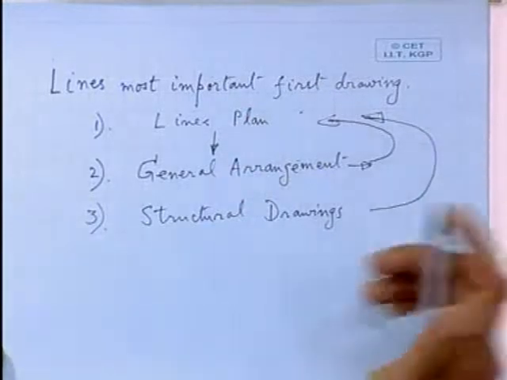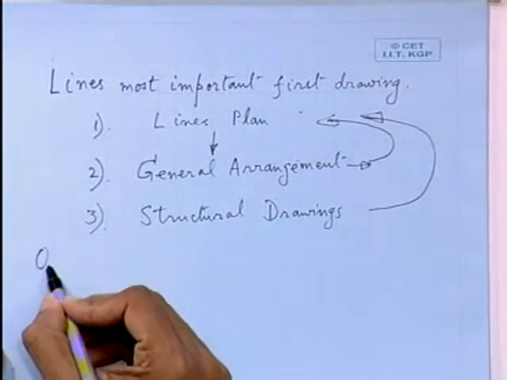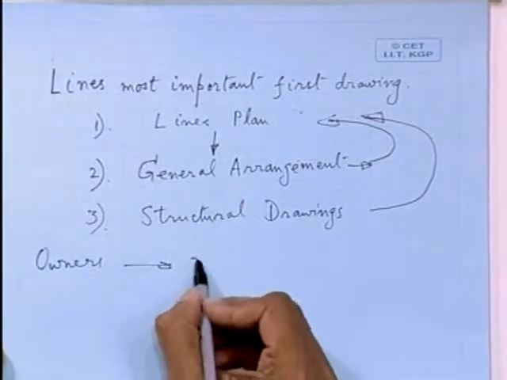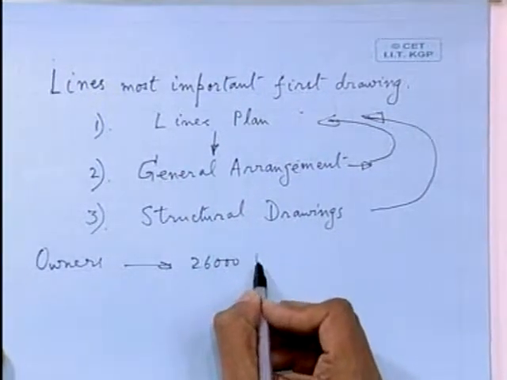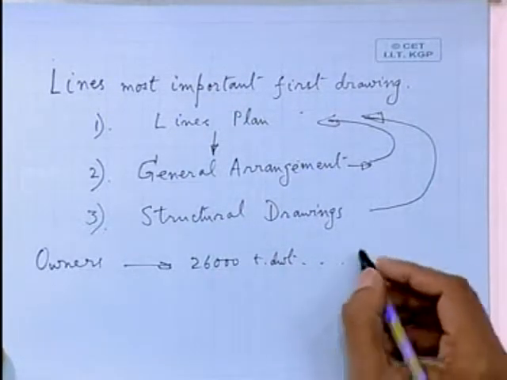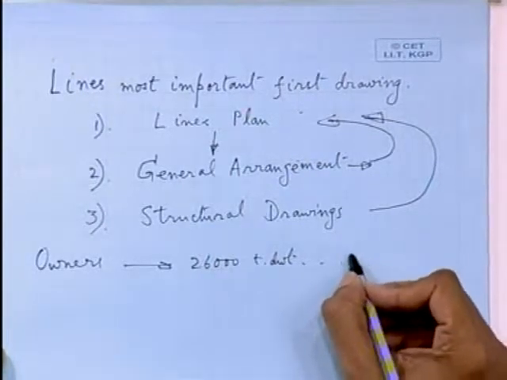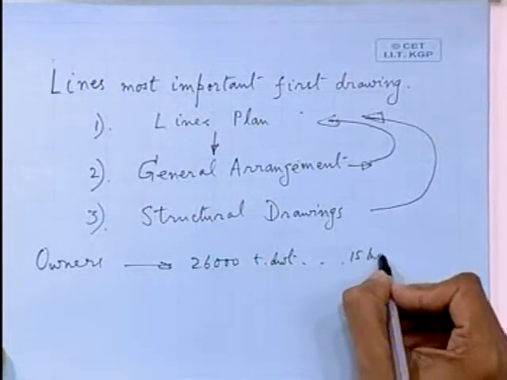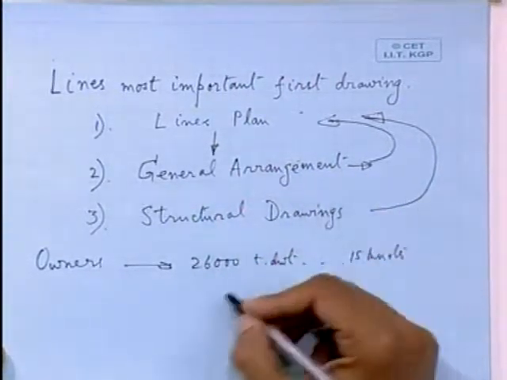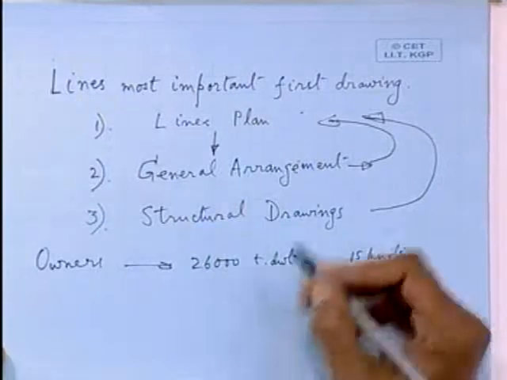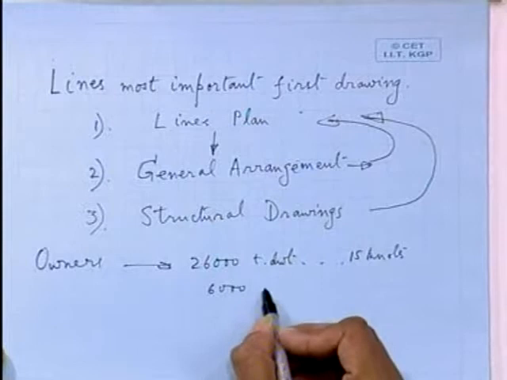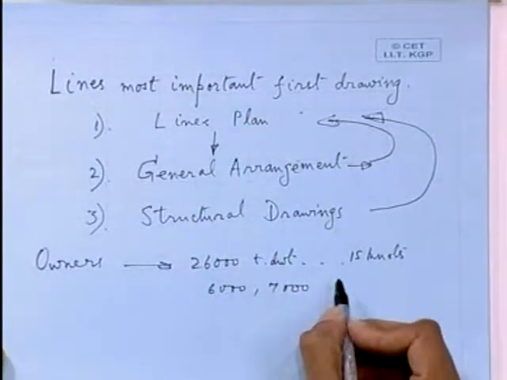Say an owner gives a particular specification, say the owner specifies that the ship is to transport, say, 26,000 ton deadweight of cargo at a particular speed. He says that the ship is to cruise at, say, a speed of 15 knots. And then he also gives a certain range, either he specifies from one port of call to another, or he gives the range in nautical miles, say 6,000 nautical miles or 7,000 nautical miles, as the case may be.